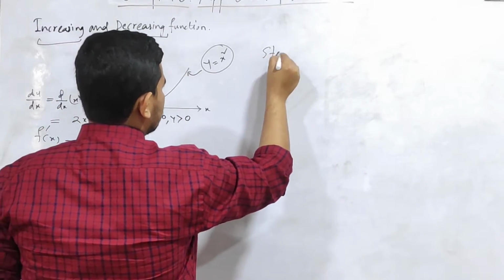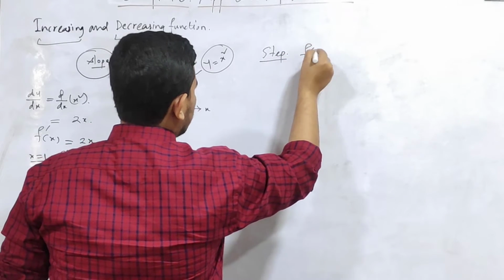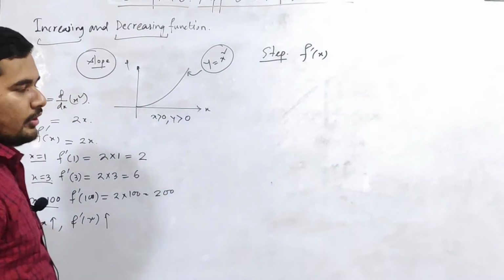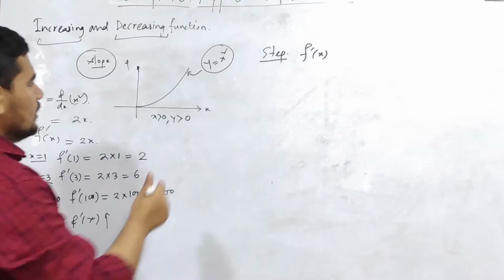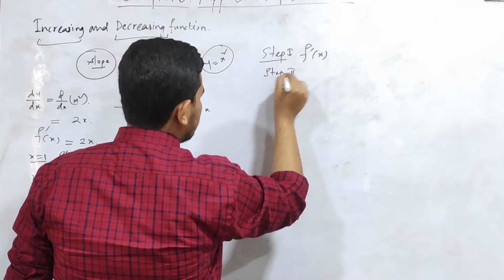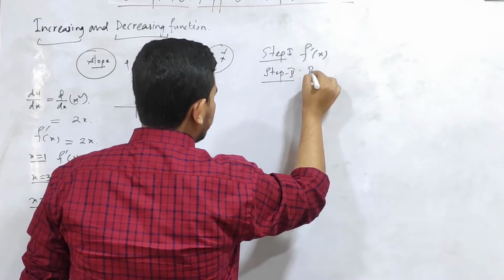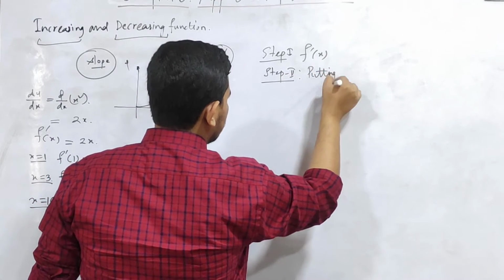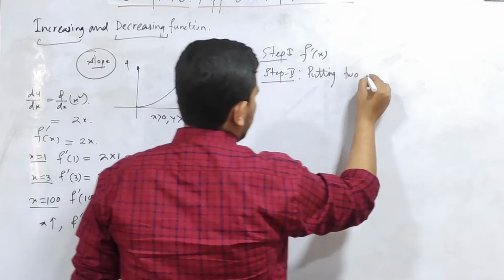Step 1 is to find out f dash of x. After finding out f dash of x, you can check whether it is increasing or decreasing by putting two sets of values.